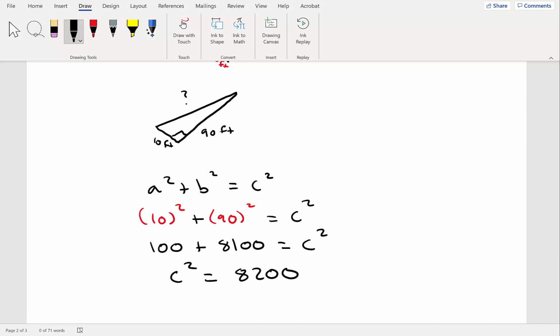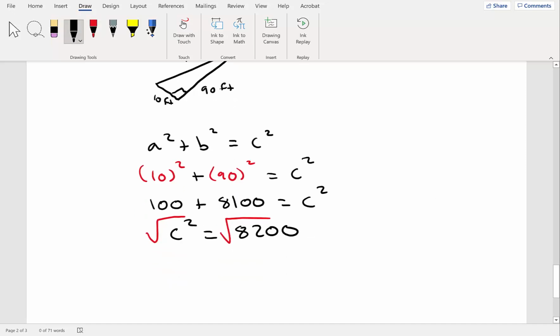So I just rewrote the c so it's on the left side of the equation. Now remember, our c is not solved for yet. You still have to take the square root of both sides. So I get c is equal to the square root of 8,200. Okay, so square root and second power cancel out. That gives me the c by itself.